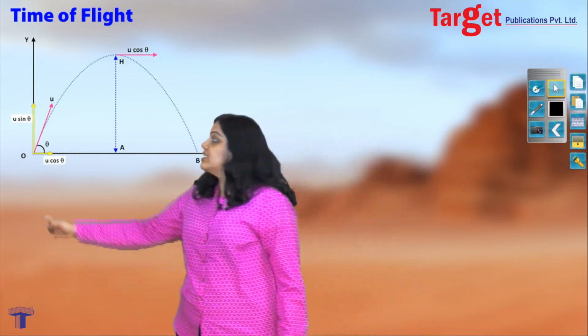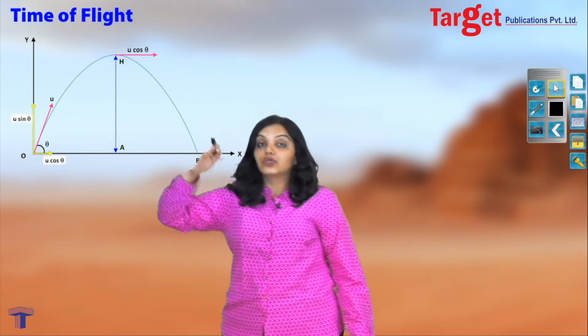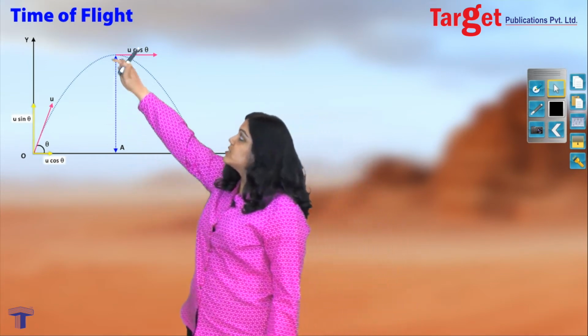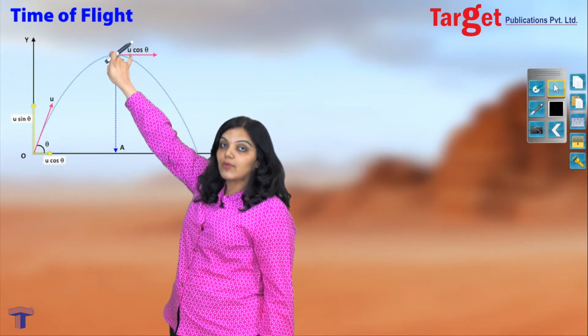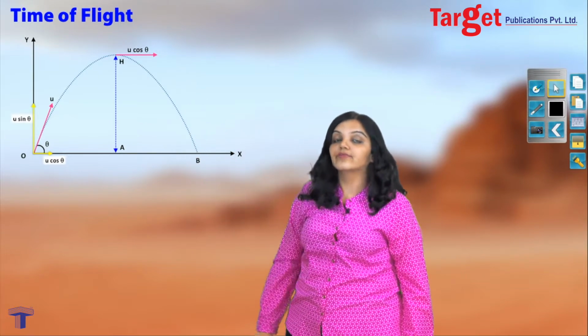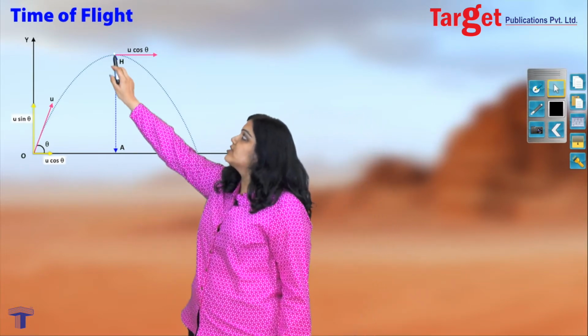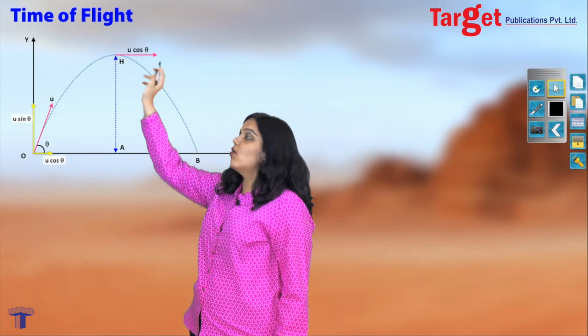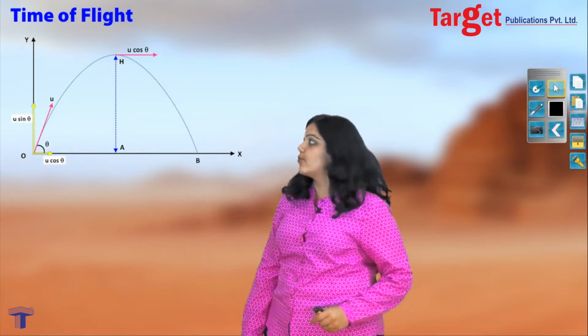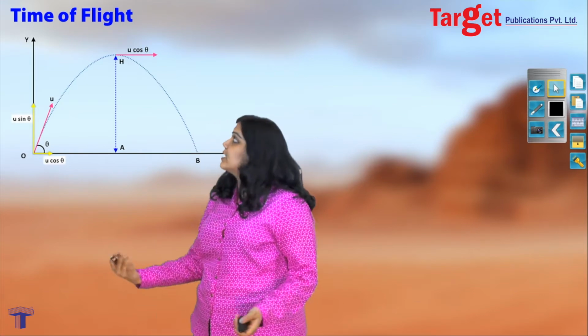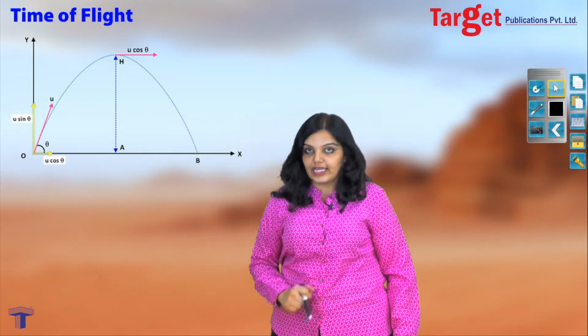Vertical velocity is initially u sin theta, reduces, becomes 0 at the point of maximum height and then increases again. That's why you can see that the only velocity at the point of maximum height is the horizontal velocity because the vertical velocity is 0. Now with this information, I will begin my derivation of time of flight.